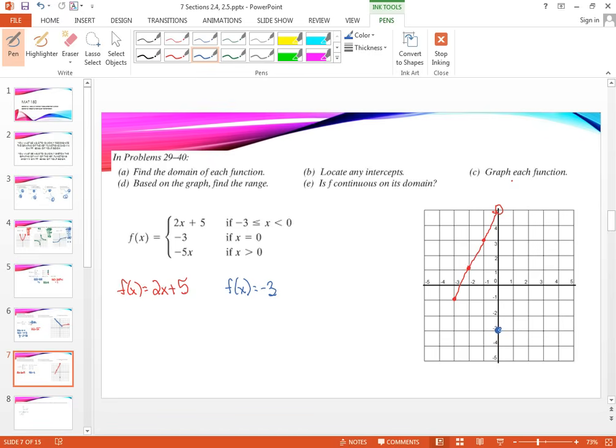And for x bigger than 0, f of x equals -5x. So that's a line. Again, y-intercept of 0, slope of -5, so down 5 over 1. Oh, that thing's steep.